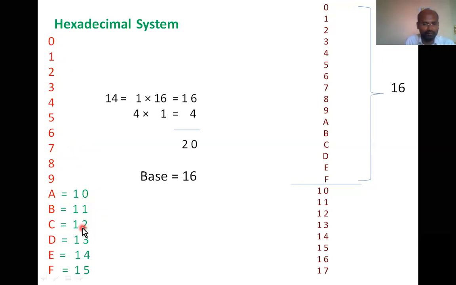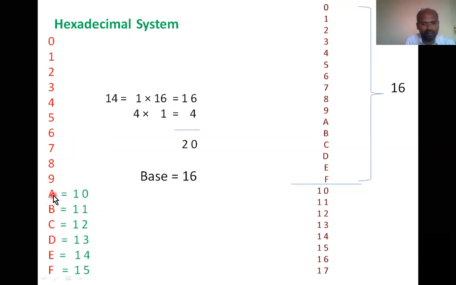It is like if your hand had 16 fingers instead of 10, then you would normally choose the hexadecimal system. But we don't have extra 6 fingers.